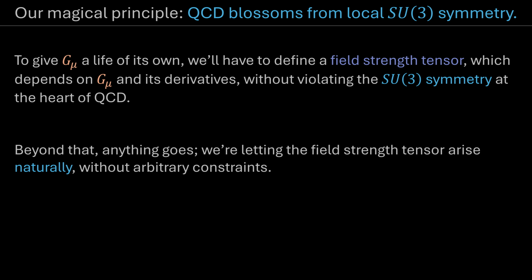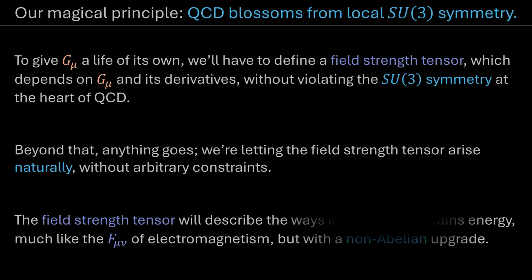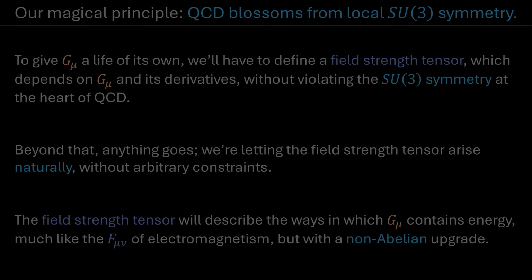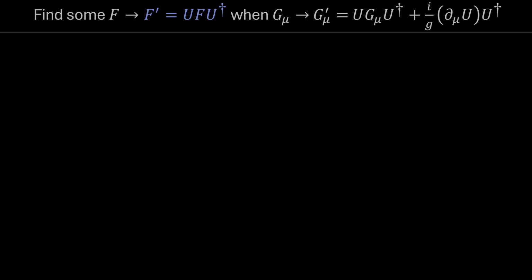And therefore, whatever life we give to G mu, whatever field we come up with that's going to encode the energy purely contained within G mu, that entity or that field can't itself violate local SU3 symmetry, because then our model would be logically incoherent. Okay, so we have to find a field that we may as well call F, which encodes the energy contained purely in the gauge field G mu.